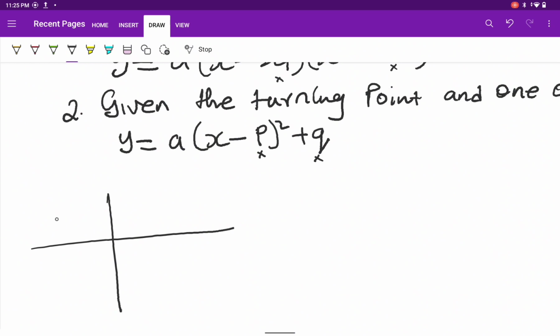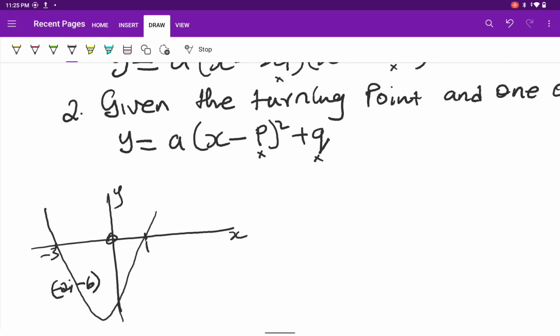Right, and then we have this point here, it's negative 3, and this one it's 1. And maybe we have a point here which is, let's say, negative 2 and negative 6.